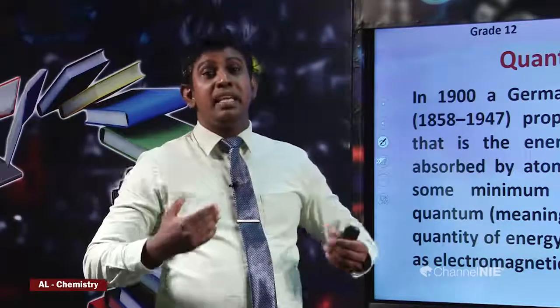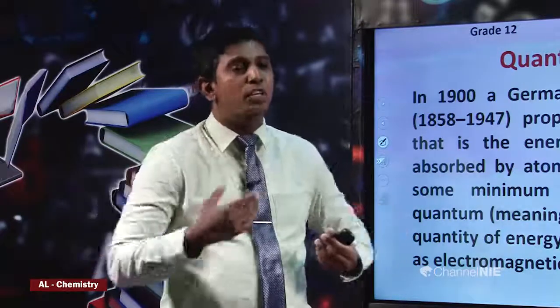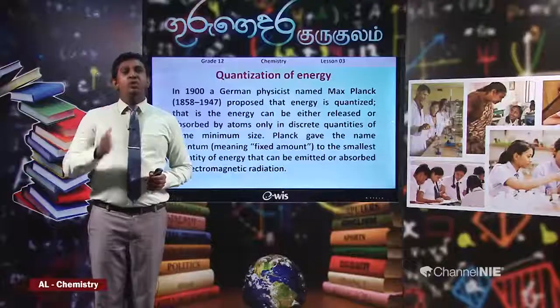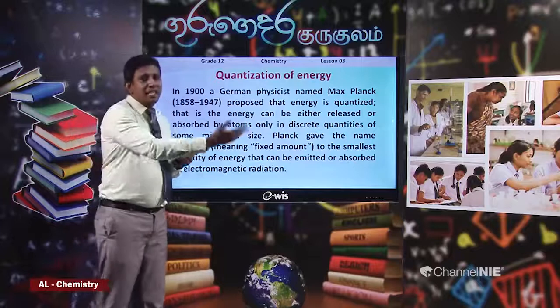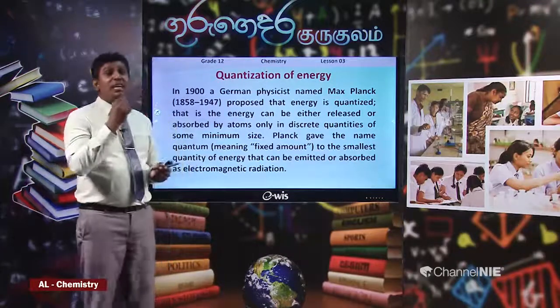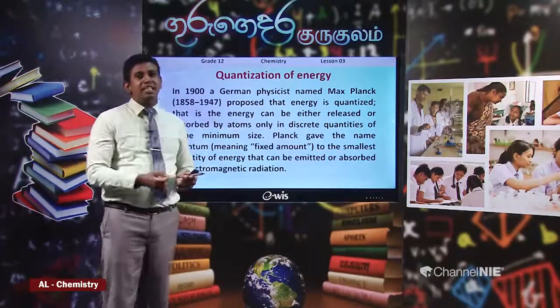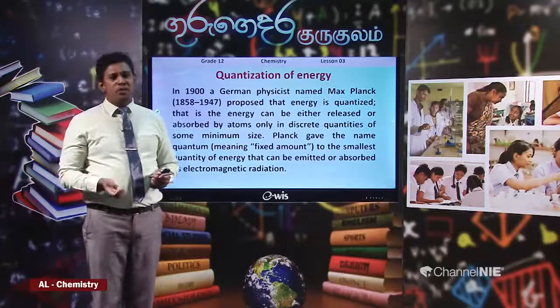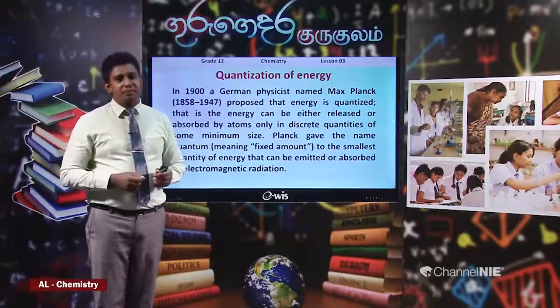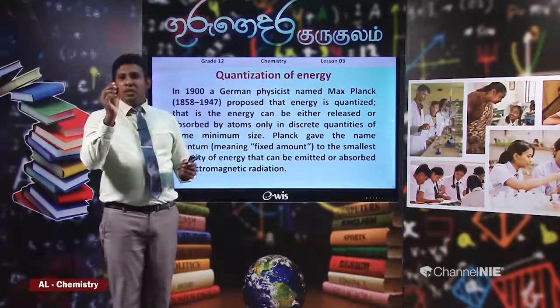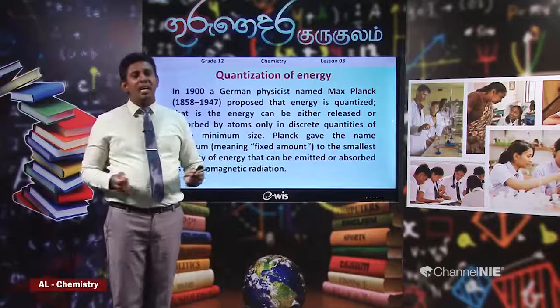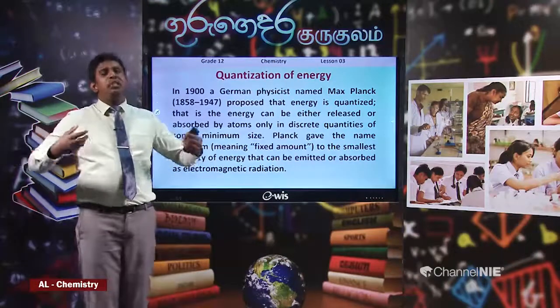Energy would either be absorbed or released. Done. It would not be in the form of continuous amounts of energy. It would be in the form of discrete amounts of energy, absorbed or released. So that's what his point was. So energy is quantized. Quantized means in unit amounts, you could find them as a gathering of such units.